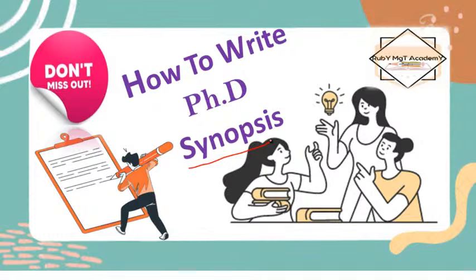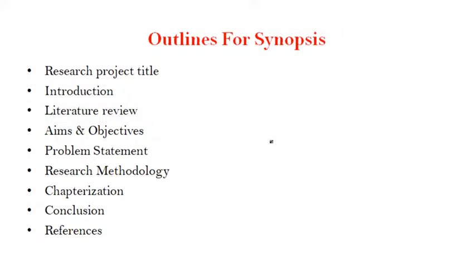If you are unsure how to write a synopsis for a PhD or MPhil, there are several things that you must make sure your synopsis includes. Writing a synopsis for your PhD is an easy process once you have a clear idea about your research work. Really, guys, it's a very easy process once you have a clear draft in your mind of your research work.